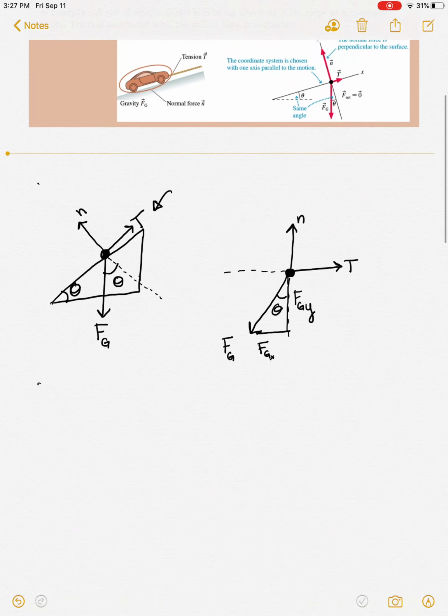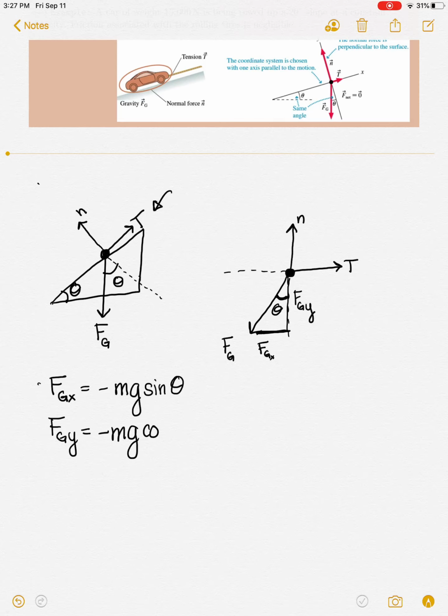So here I have the gravitational force in the x is going to be equal to negative mg, and my x component's opposite to the described angle, so that's going to be sine of theta, and then my FGY is going to be equal to minus mg cosine theta.